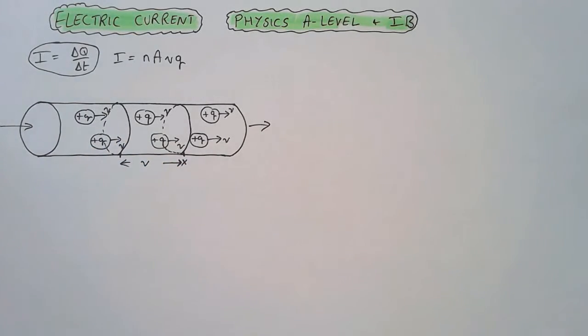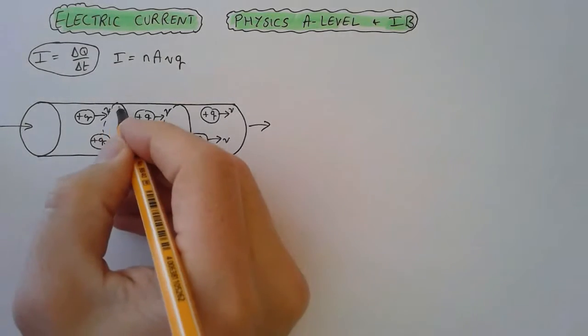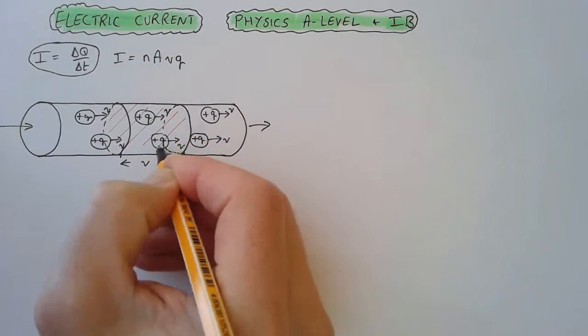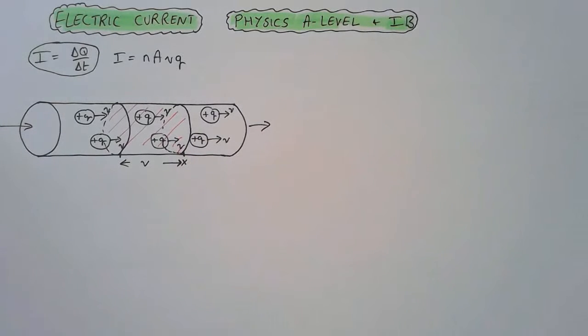So really, all the charge in that volume is the charge that will pass through the wall at x in 1 second, and therefore if I can find that amount of charge, that will give me the current.